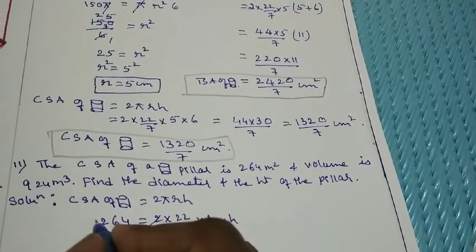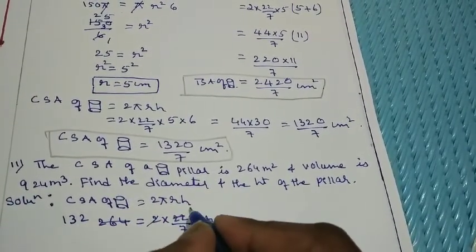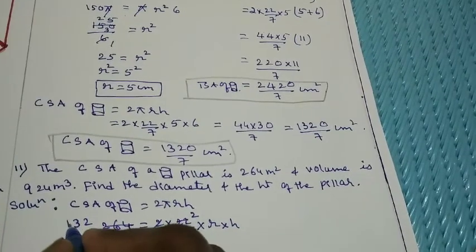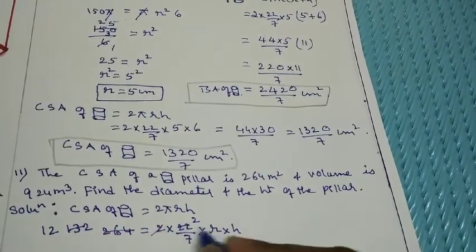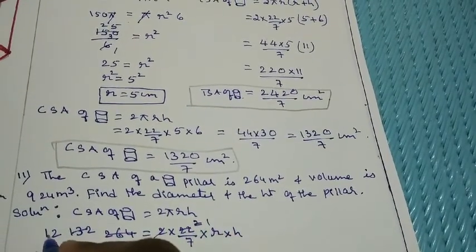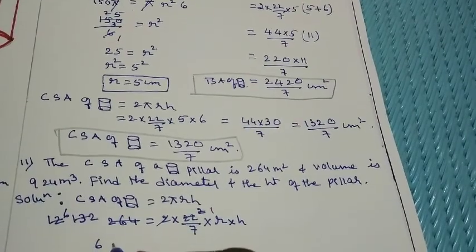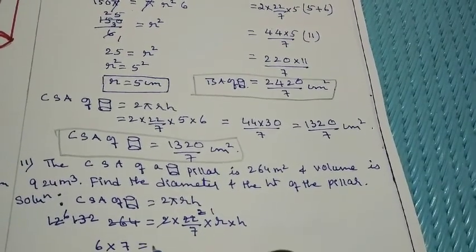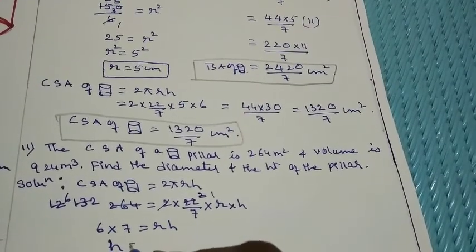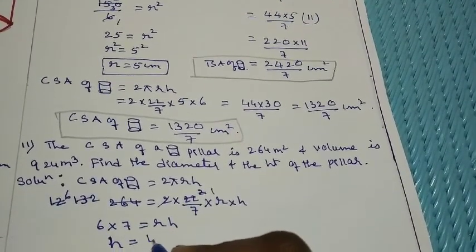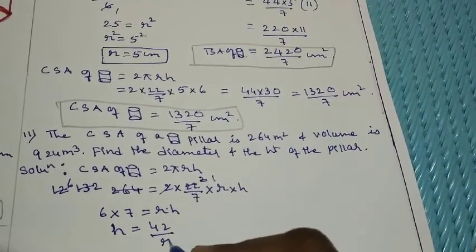Then cancelling, we will get 6, and this division changes to multiplication. 7 equal to rh, then I'll take h equal to 6 sevens are 42, and r, being under multiplication, changes to division.